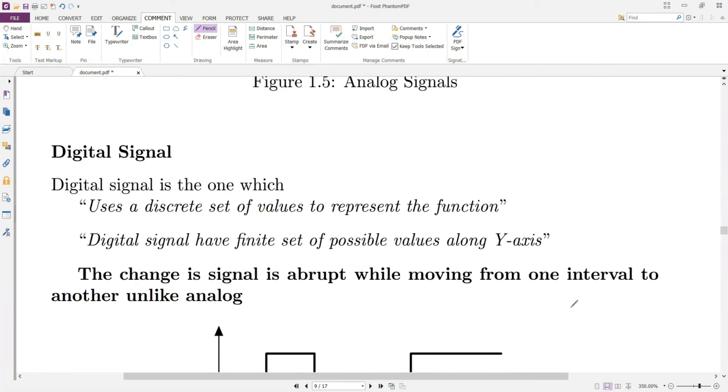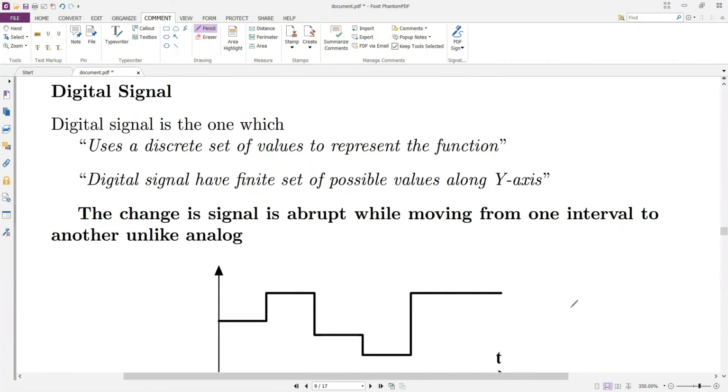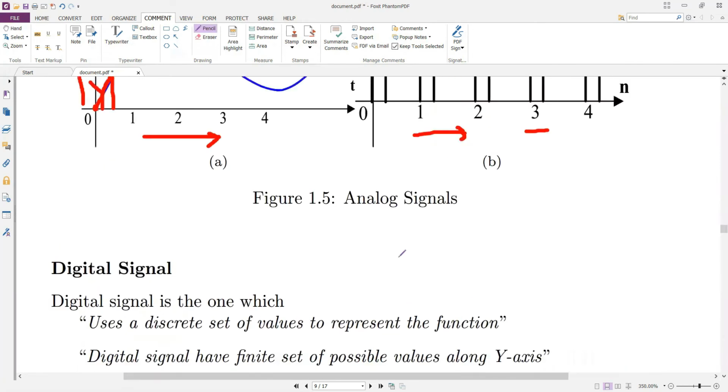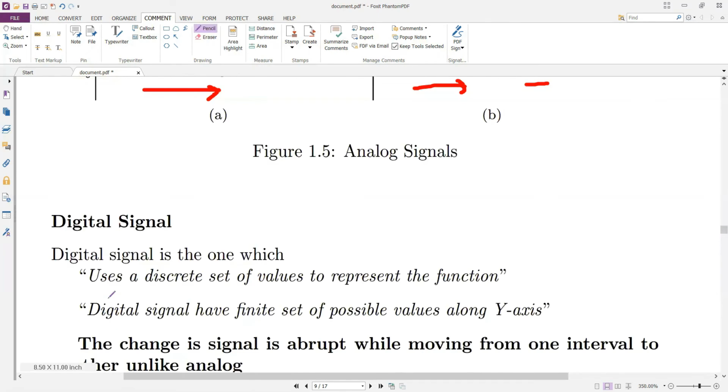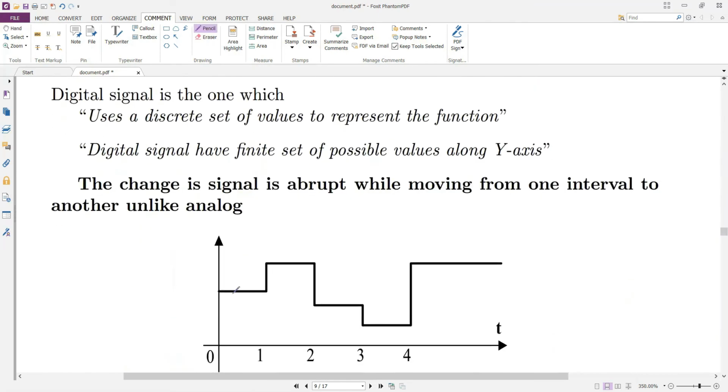Another type of signal is commonly referred to as the digital signal. Unlike the analog signal, in which we check for continuity of a signal, in a digital signal we look at the discrete nature of the signal, or the discrete set of values in the signal along the y-axis.